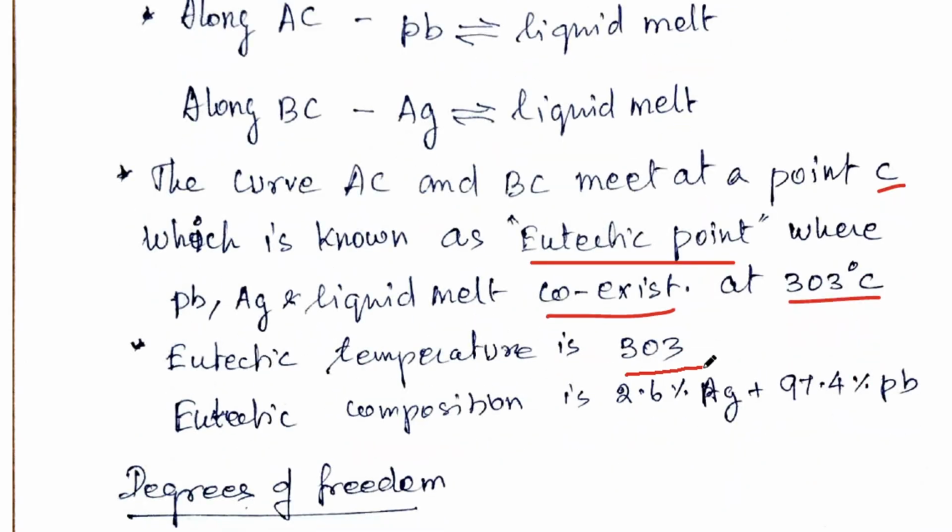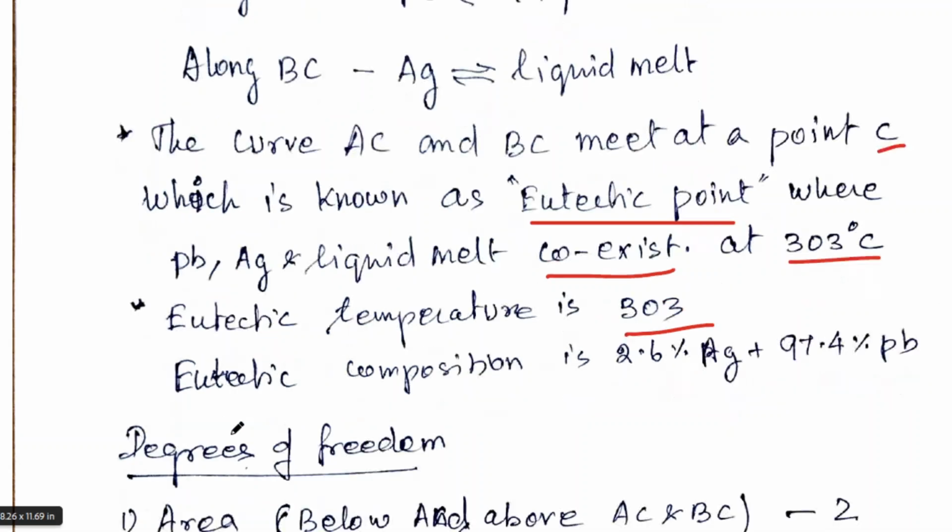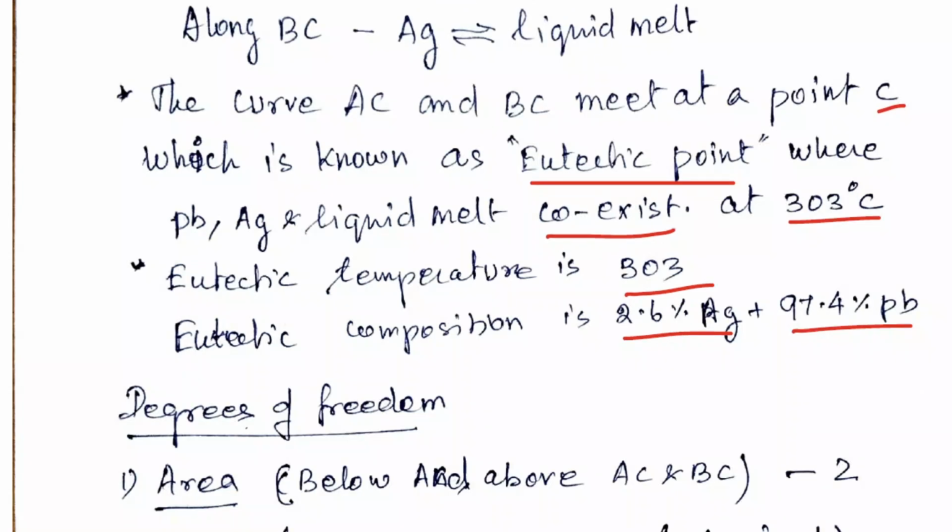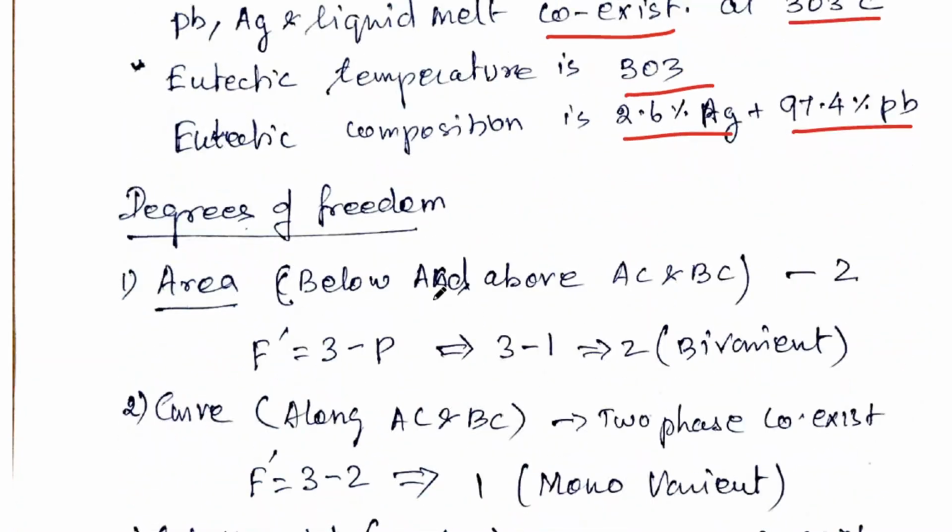The eutectic temperature is 303 degrees Celsius. The eutectic composition is 2.6% silver and 97.4% lead.